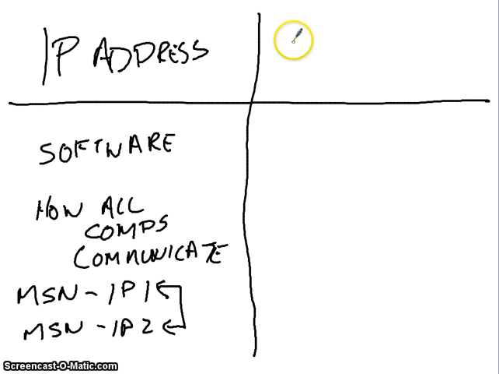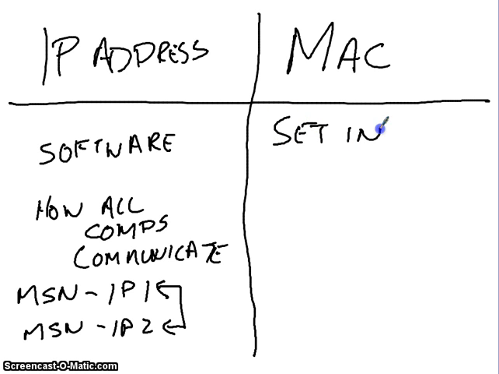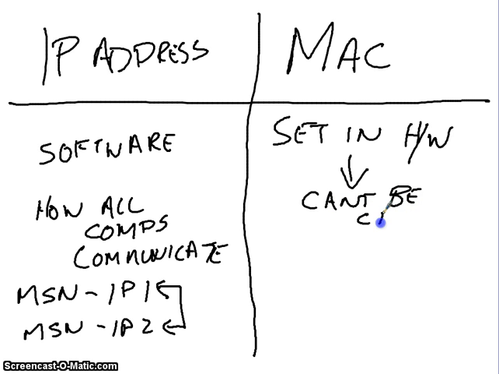The other type of address is called a MAC address. Now, a MAC address is set in hardware. And the difference between this is this one can't be changed. You say, well, what's the point of that then?